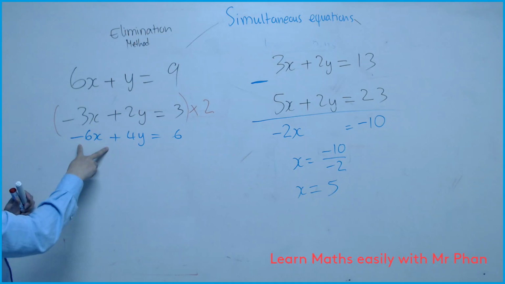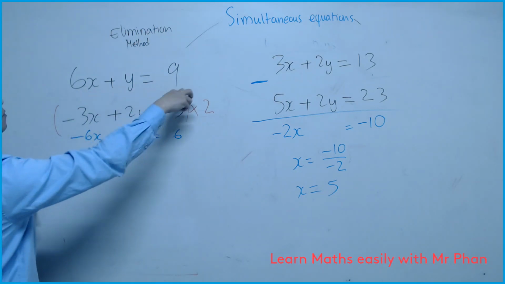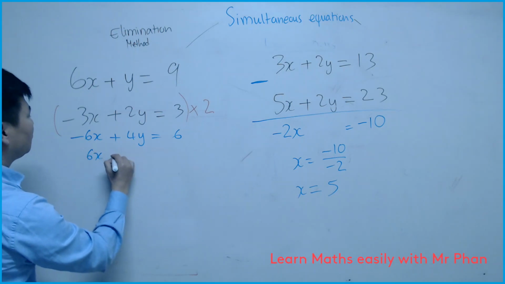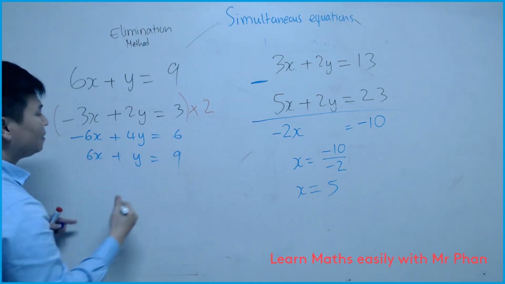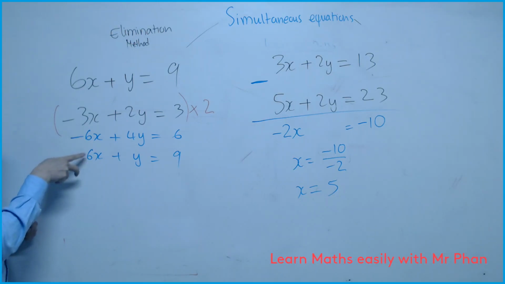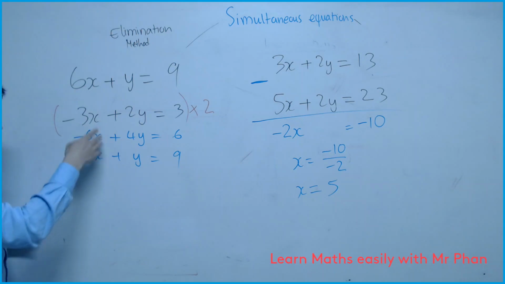And I write the first one down here. You see? Now you have the same coefficient here. So in this case, you just add them together and they will eliminate.